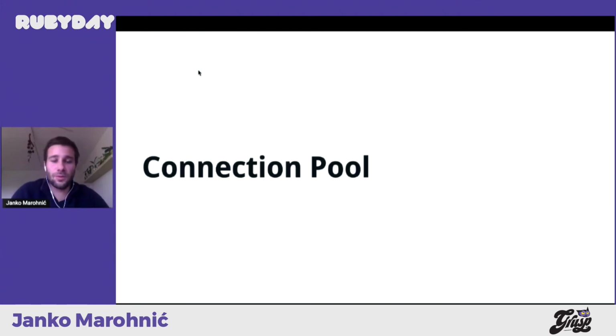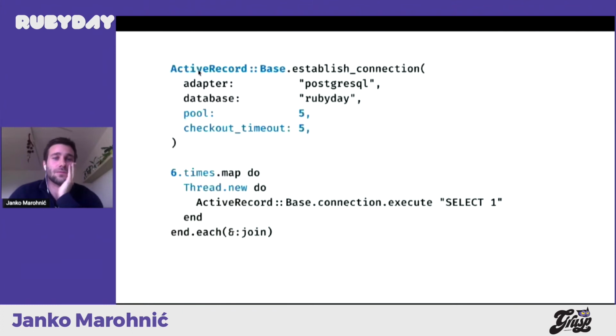Another topic I want to briefly touch on is the connection pool. Let's say that we've configured ActiveRecord with default settings, which is a pool size of 5 and a checkout timeout of 5 seconds. In the example below, we are spawning threads equal to the pool size plus 1.